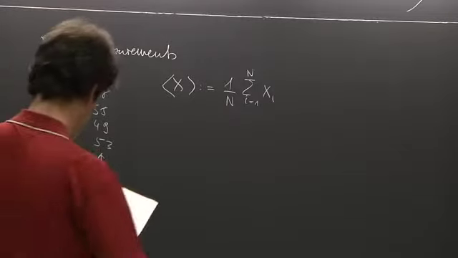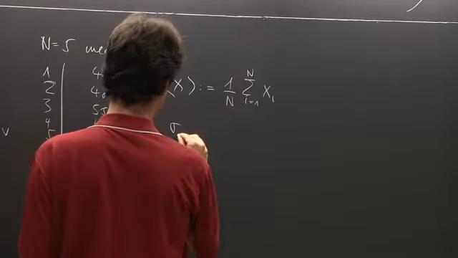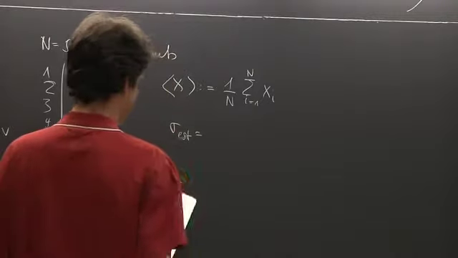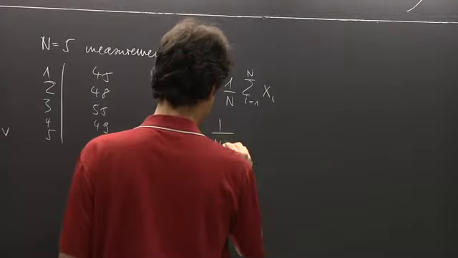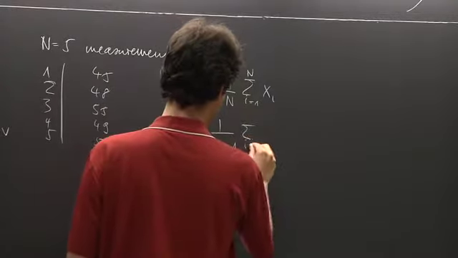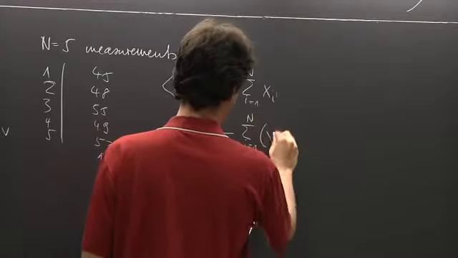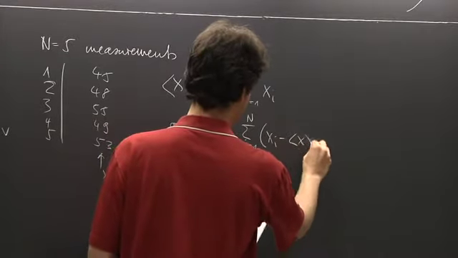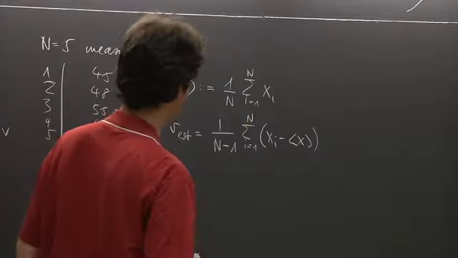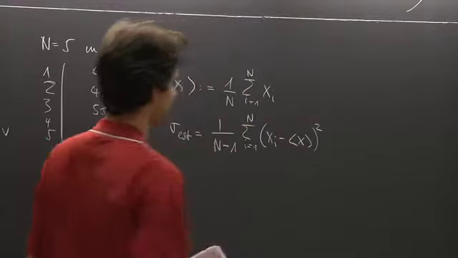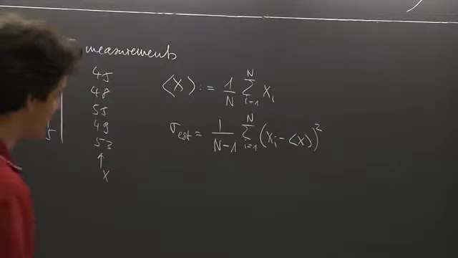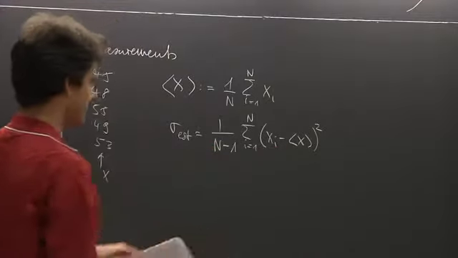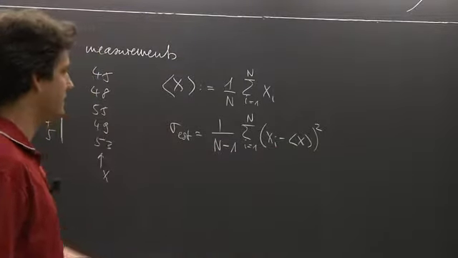standard deviation of this distribution, and that you can estimate by taking the following thing here. You take your xi, you subtract this estimated average, you take this square, and you sum over all your measurements, and now you divide by n minus 1.